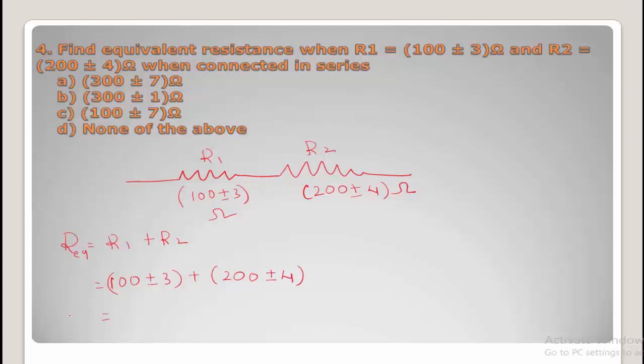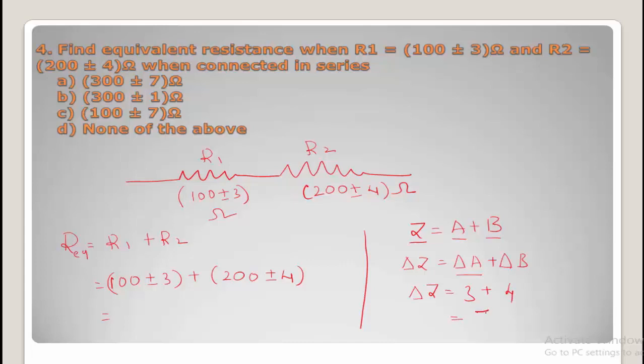For determination of error, if Z is A plus B, it means the physical quantity is the sum of two, then delta Z is equal to delta A plus delta B. For this, delta A value is 3 plus delta B value is 4.